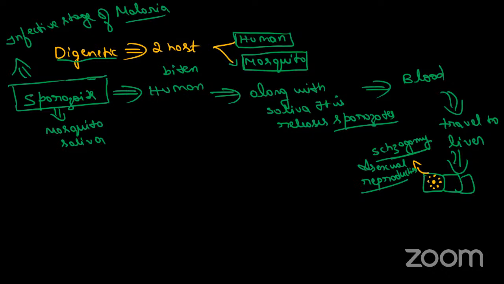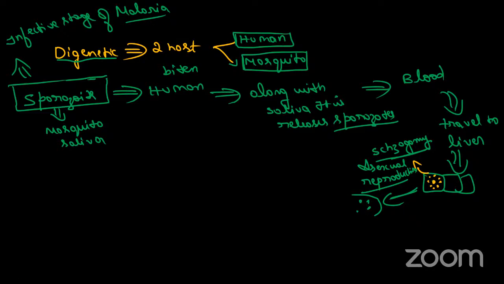The one sporozoite increases into a great number. One sporozoite was multiplied by schizogony, an asexual reproduction process, thereby increasing in number. So now what will happen? It will come out from the liver cells by rupturing the cells. Okay. By rupturing the cell, it will come out. See here, 1 minute.